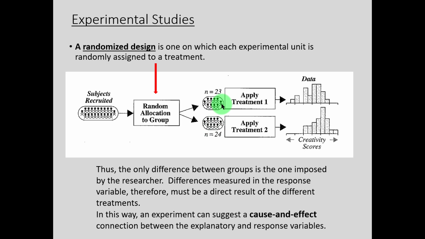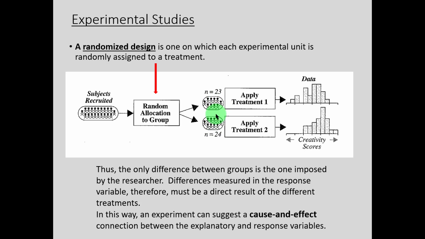For instance, you would not want the red pill group to only be males and the blue pill group to only be females. If that was the case, now gender is a confounding variable, because the differences between red pill and blue pill might not be because of the pill, but could be due to the gender.